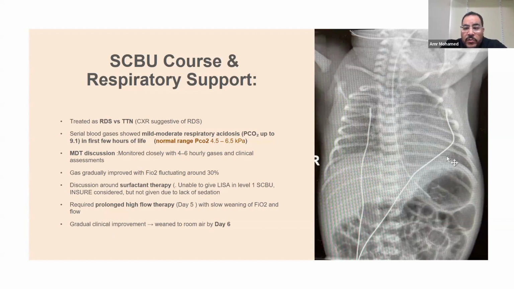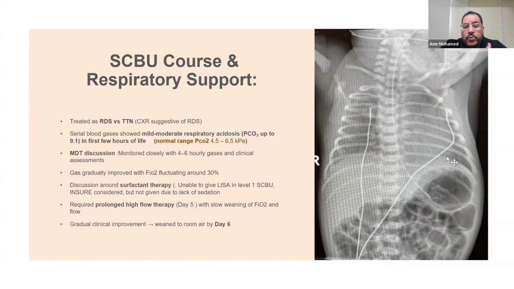Because we are level 1, our rule here is to stabilise the preterm babies, or babies who need high flow or even ventilation, till we manage to transfer them to a level 2 or level 3 tertiary unit. But if we believe that babies can stay for about 24 to 48 hours on high flow, and we can easily wean them from high flow, then to avoid parental separation we can keep them, even being off pathway, in our unit.